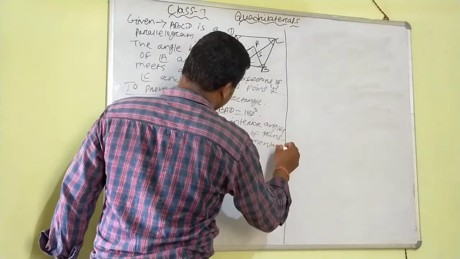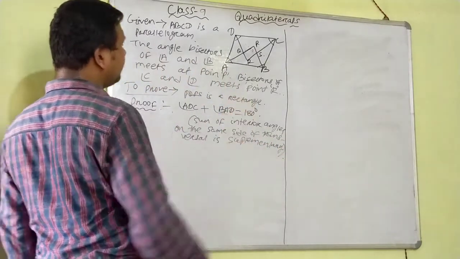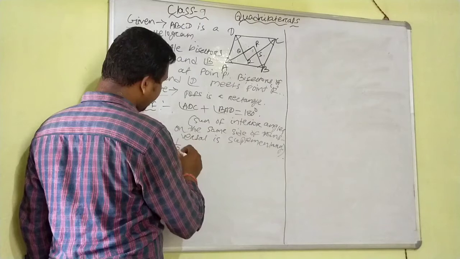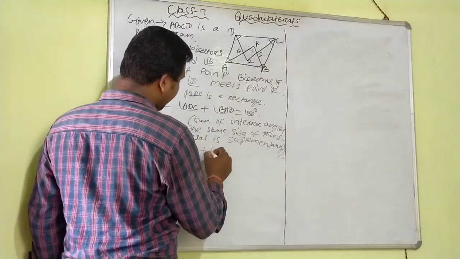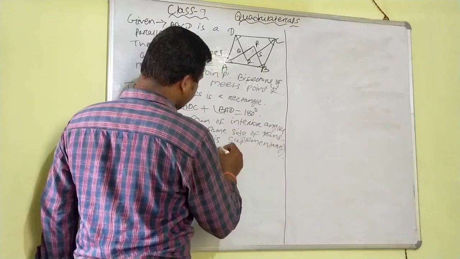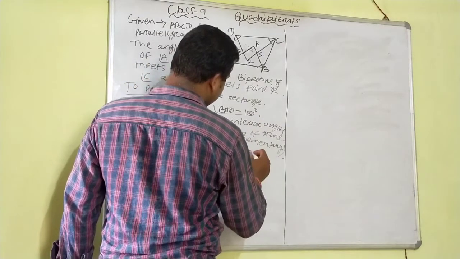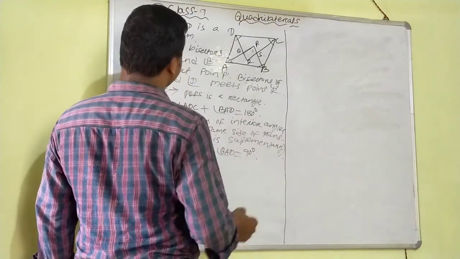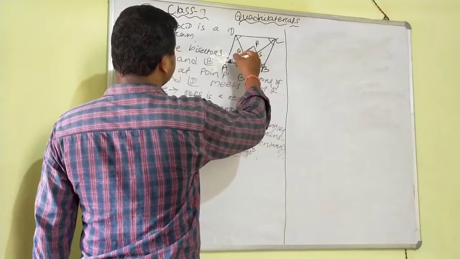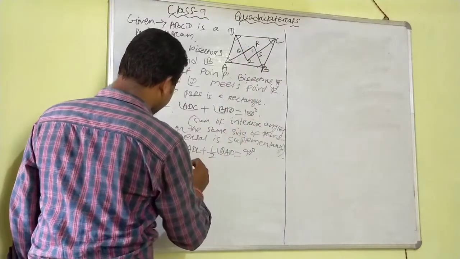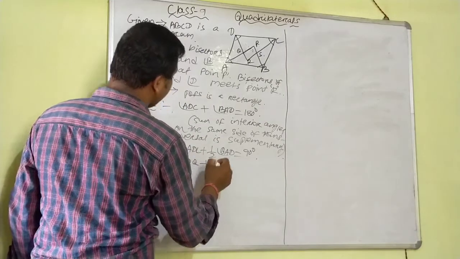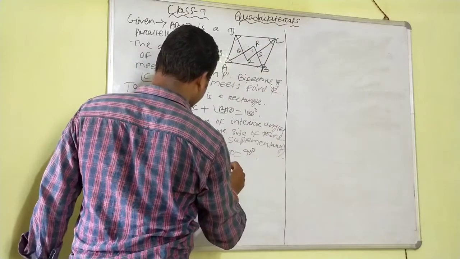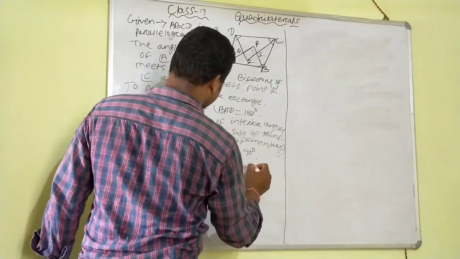Now we'll take half on both the LHS and RHS. So we get half of ADC plus half of BAD angle equals half of 180 degrees, that is 90 degrees. Half of ADC we can write as ADQ, plus half of BAD we can say DAQ, which is 90 degrees.